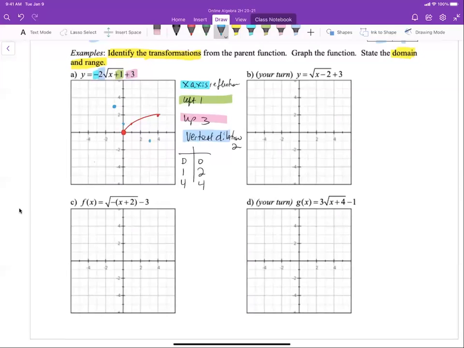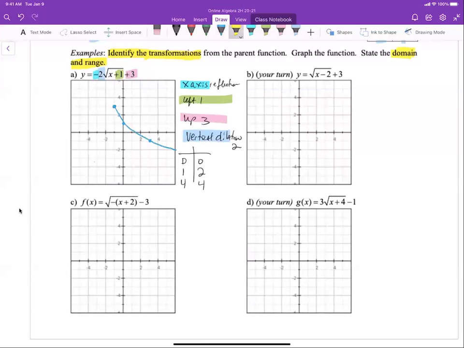So here are my points, and this is what the new graph would look like. Let me make that a little cleaner. I can get rid of this red, there we go. And now I have my graph. Okay, continuing on.